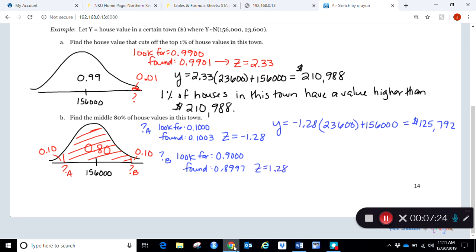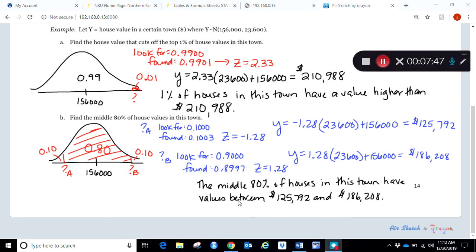So then we're just going to plug that value in for our z this time. And we get $186,208. Just the last thing we need to do is interpret.